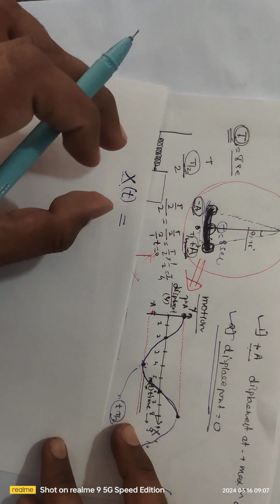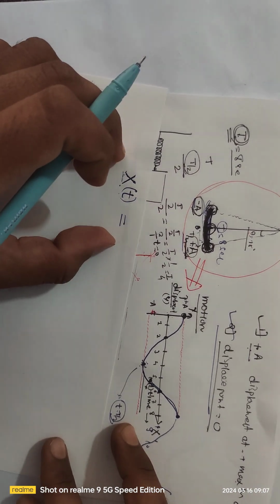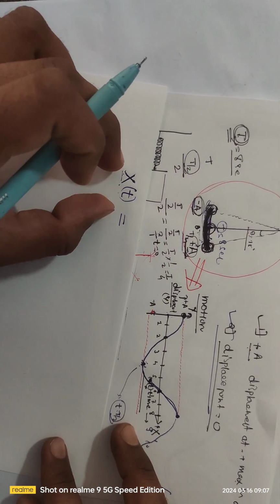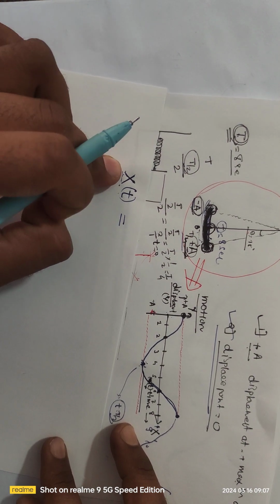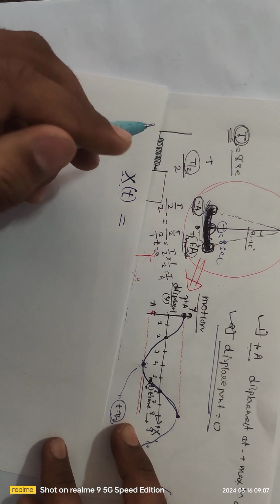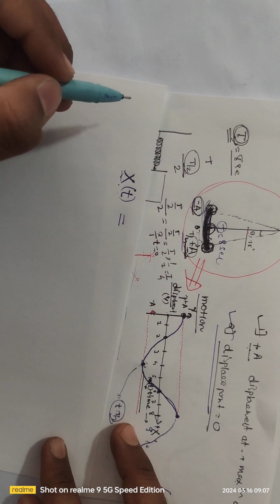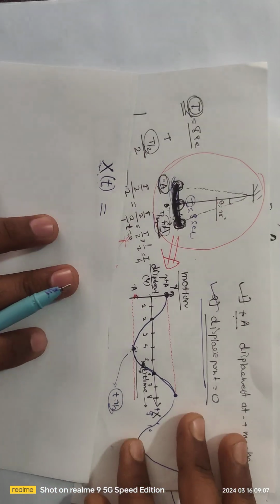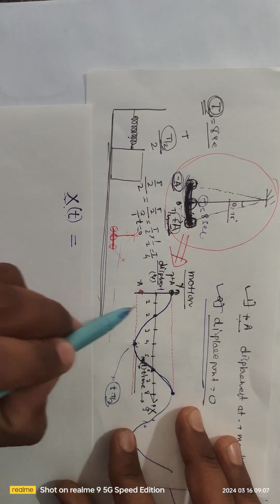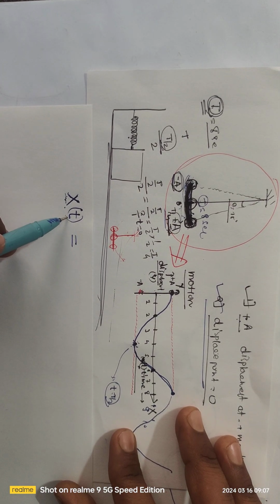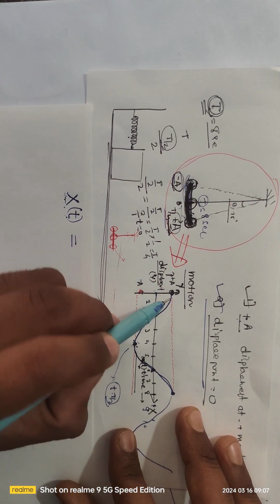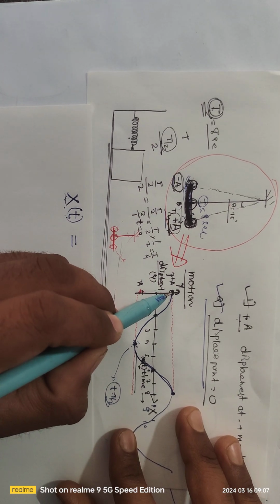The left hand side of the mathematical function should be like x(t). What does it represent? It represents the position x of the particle with respect to time. It means, according to this figure, if we take time t equal to 0, the position is at this point.